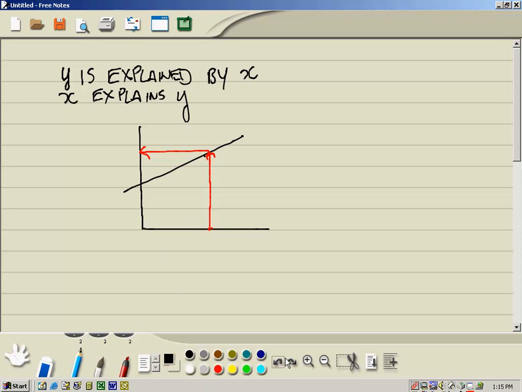So let's be clear about this: we start with an x variable and we wind up with a y variable. x is the input to the system and y is the output of the system. So whatever words you use to describe this, x comes first and then y comes next.